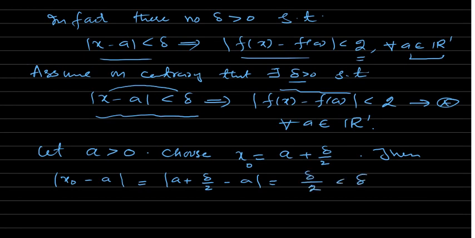So that means mod of x naught minus a is less than delta. Now by star we must have mod of f of x naught minus f of a is less than 2.